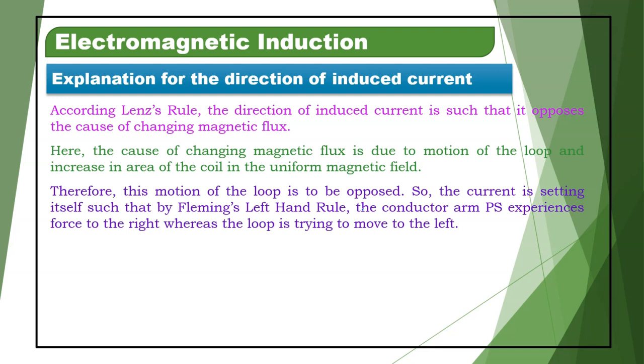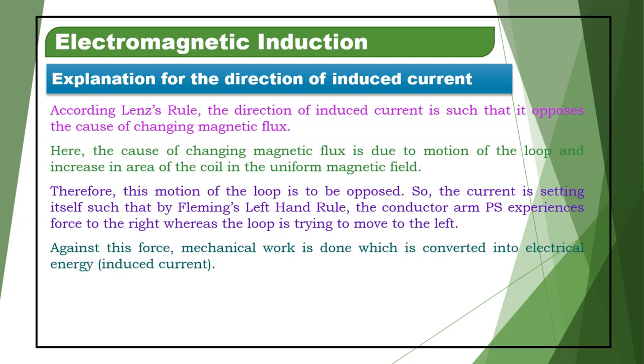Therefore, the motion of the loop is to be opposed. So the current sets itself such that, by Fleming's left-hand rule, the conductor arm PS experiences a force to the right, whereas the loop is trying to move to the left.